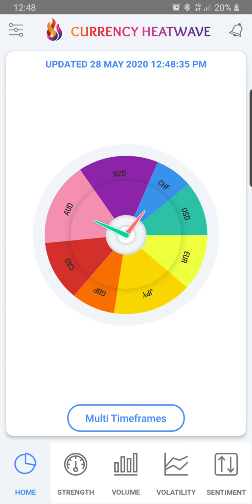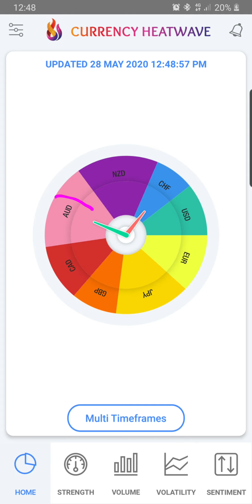So what it basically means is that the currency that is occupying the larger area on the chart is the one that has the stronger strength momentarily on the market right now.